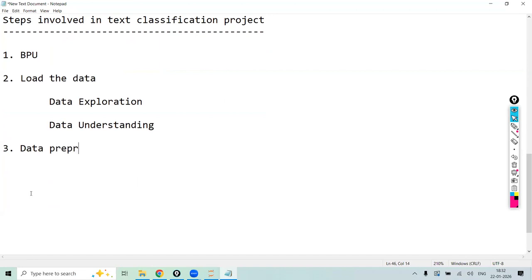If you remember, what type of data pre-processing did we do in the structured data classification project? Yes, cleaning and transformation.